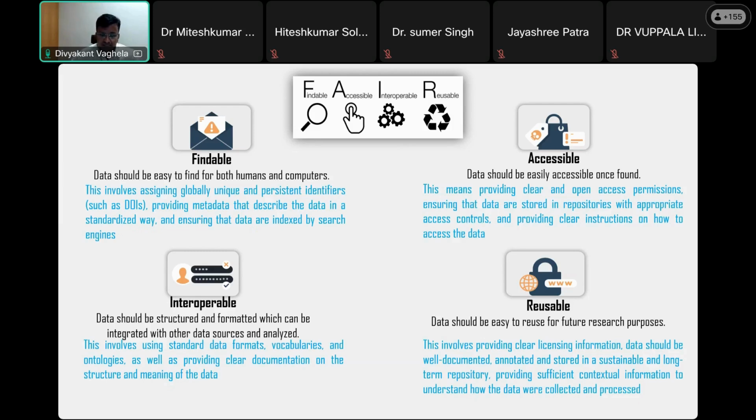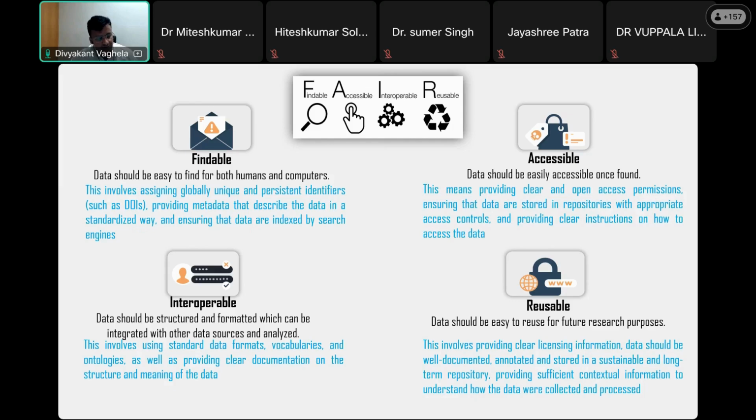Then once the data is findable, it should be easily accessible, which means proper guidelines and permission are given on how to access the data and how to use that data. So accessibility means accessing the data as well as using the data. The proper instructions should be given there and proper access rights should be given to that data.